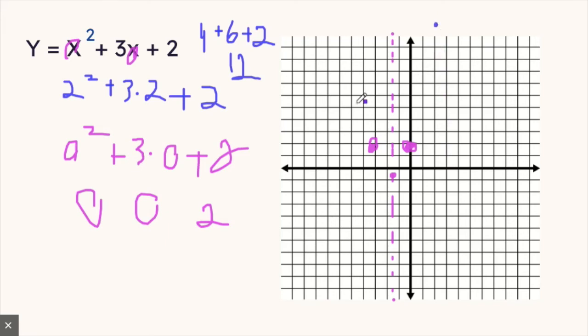And then we can just mirror that image on the other side. There are 3.5 units between the axis of symmetry and the points, so we go half, 1, 2, 3. And that's where our mirrored point is. And then after you get all of these points, 5 points is enough, you can draw your line in like this.